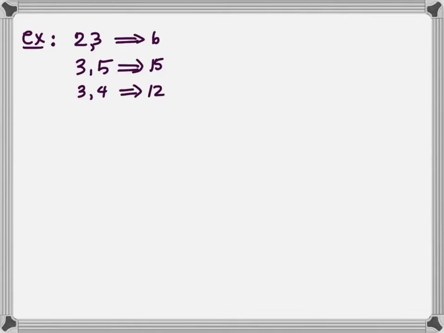So we already said that if it's divisible by 2 and 3, then it's divisible by 6. That works. That's divisibility by 6. If it's divisible by 3 and 5, it is definitely divisible by 15. Okay? If it's divisible by 3 and 4, it's divisible by 12.